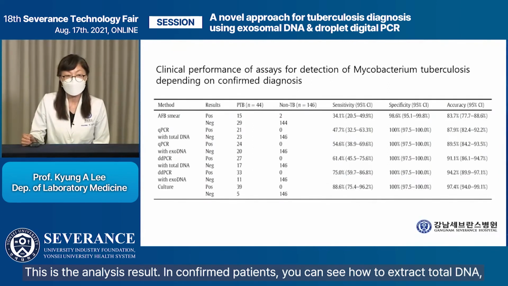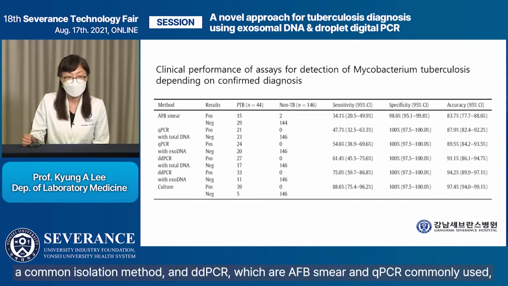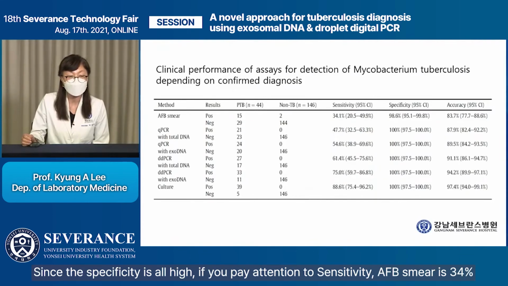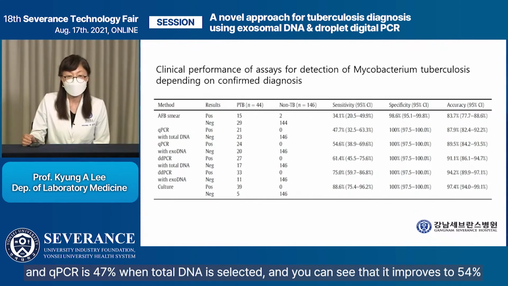This is the analysis result. In confirmed patients, you can see the methods of extracting total DNA, a common isolation method, with ddPCR, AFB smear, and qPCR commonly used, and the methods of extracting exosomes, divided into total DNA and exosomes. Since the specificity is all high, if you pay attention to sensitivity, AFB smear is 34% and qPCR is 47% when total DNA is selected.